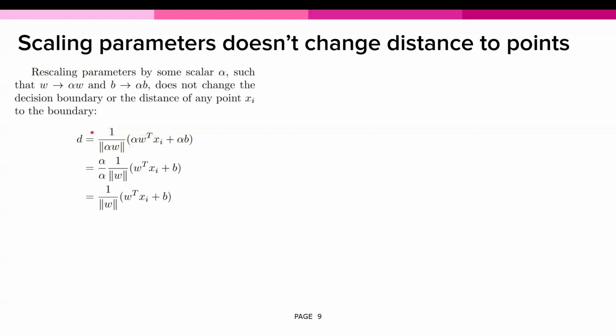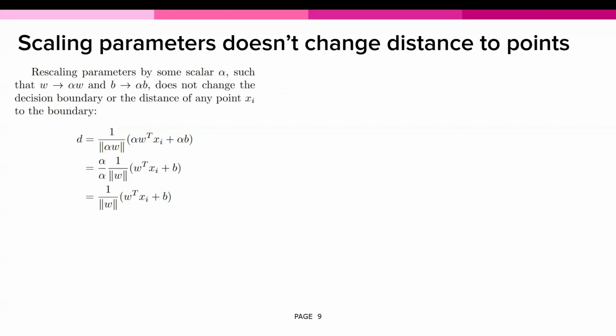In which case we can factor this out, and then we'll just get A over A. That's going to leave us with exactly the same distance that we had before. So we scale everything by a constant, the boundary doesn't move, and the distance from any point to the boundary stays exactly the same.